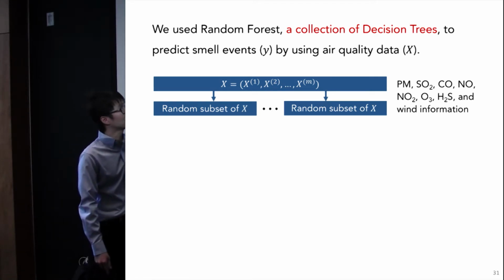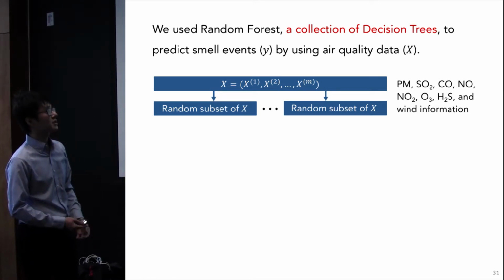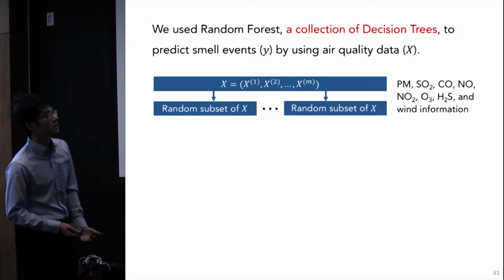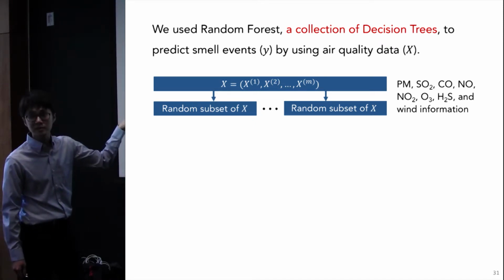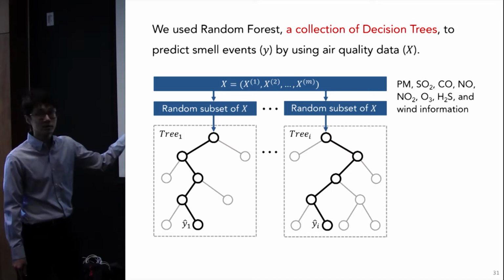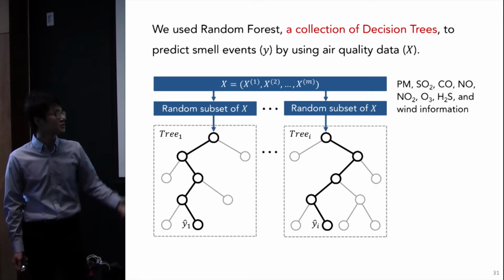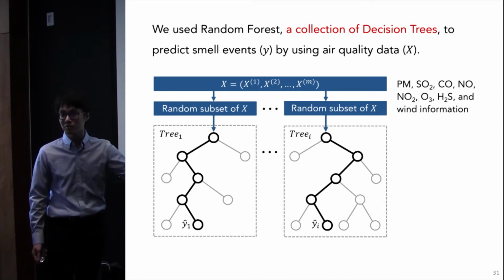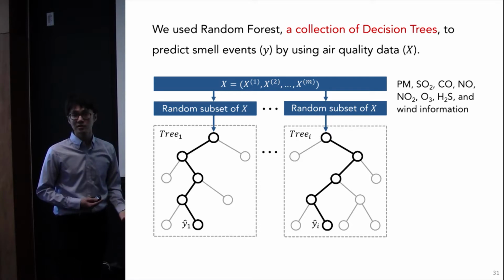These data include something that I just talked about, like the data provided by the county. There are SO2, CO, NO, PM, etc. For each random subset, we train a tree to describe that. And that tree is like a committee. So this is like a committee running the prediction. Each tree is like one person. It's looking at only a part of the data.